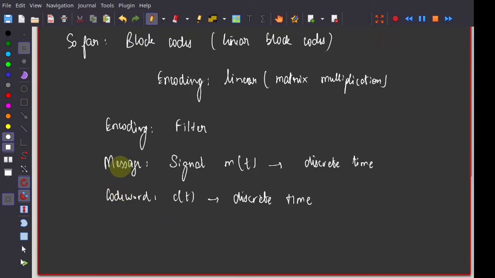And how do you go from the message to a code word? Using some kind of a filtering operation. At that point, signal processing was fairly well developed. There is a good theory of filters. So why not use filters to design a good channel code? So encoding is basically filtering.